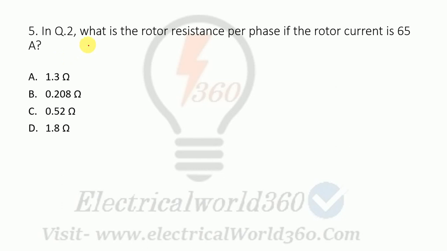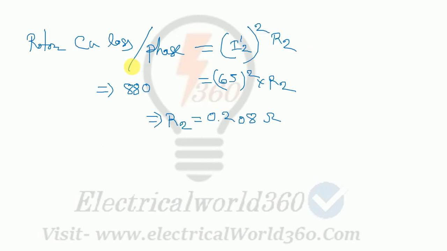In question number 2, what is the rotor resistance per phase if the rotor current is 65 ampere? So in this case, as we know, the rotor copper loss per phase is equal to I2 square, that means the rotor current square, into the resistance of the rotor. So this is also the important formula.